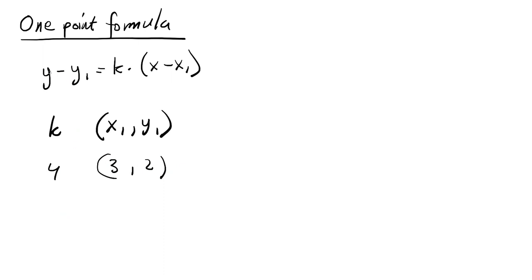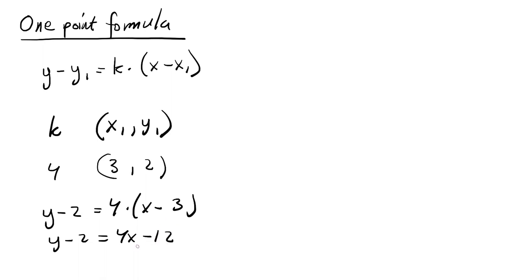So in this case, the one-point formula would give us y minus y1, and that's 2, equals k, which is 4, times x minus x1, and that's 3. And here we can just simplify. Multiply in, then we get 4x minus 12.